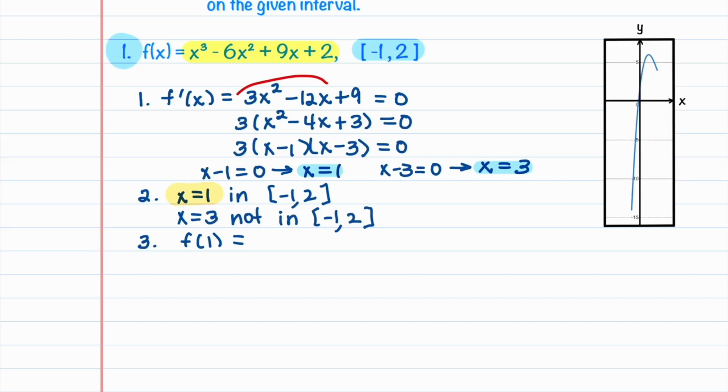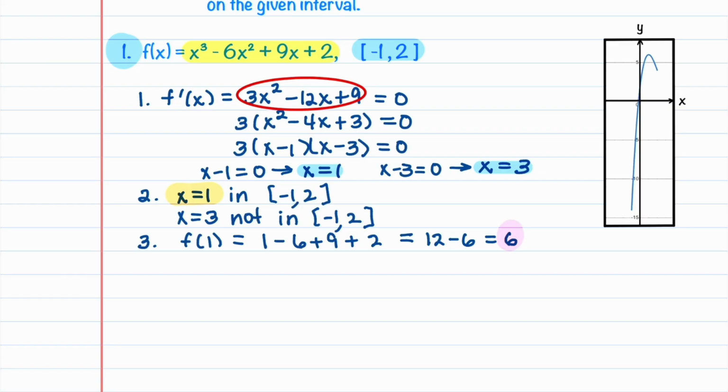Notice that we are not substituting it in to the derivative. Up at the yellow, we have 1 cubed, so that's just 1 minus 6 plus 9 plus 2. If we add up the positive terms, we have a 12. So this is 12 minus 6, and we get a value of 6. Let's highlight that because that's one of the numbers we're going to have to compare.